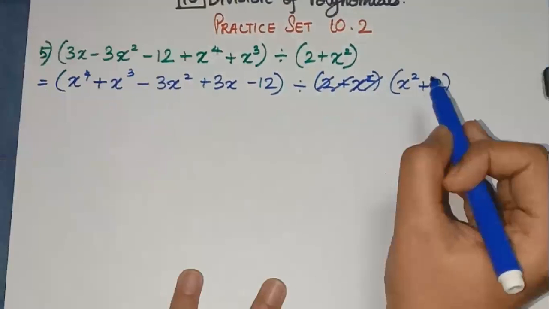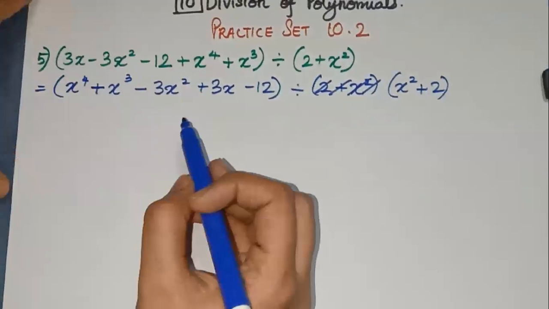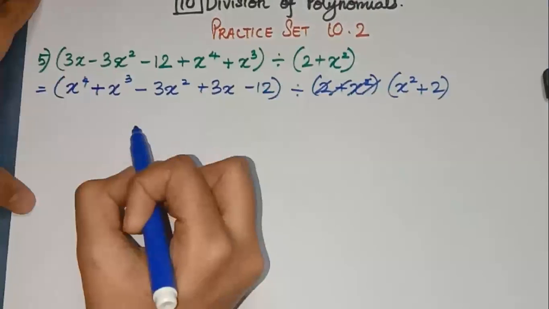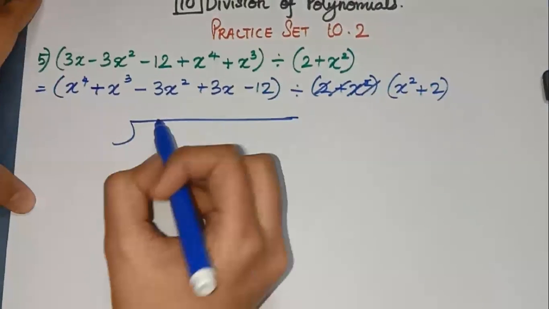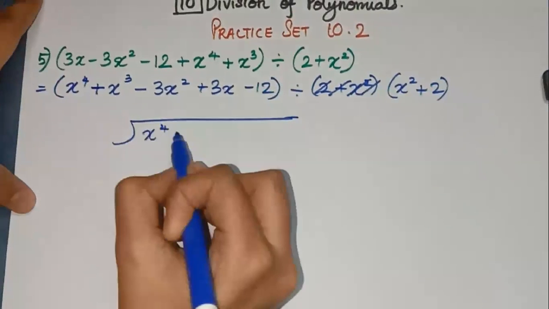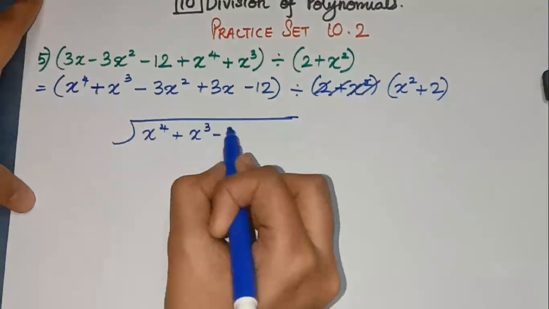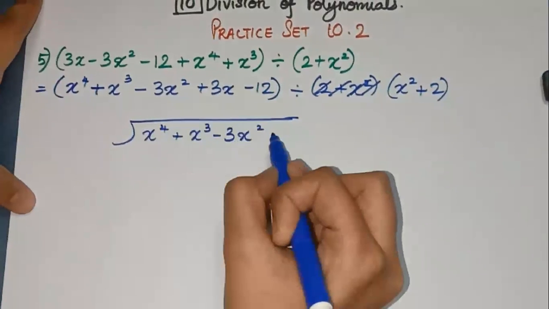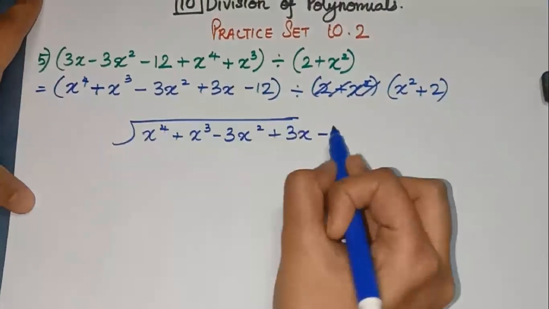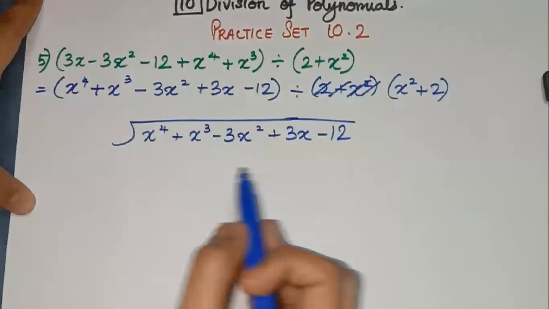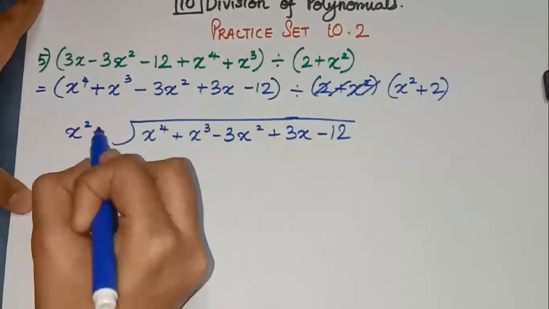Now we will start with the division. So I am starting with the division. I will write x raised to 4 plus x cube minus 3x square plus 3x minus 12 as my dividend, x square plus 2 as my divisor.